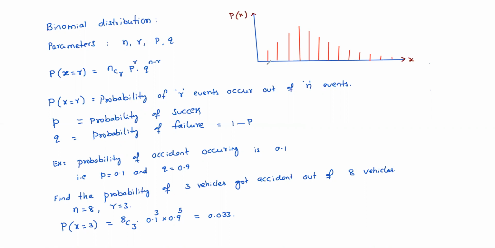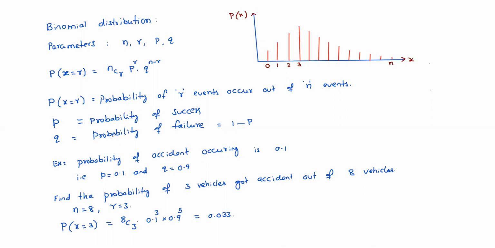So maybe 0, 1, 2, 3, and so on, maybe n finally, okay? So like this. Here in our case, actually, r, the x value, is taken as 3, x equal to r, that is r is 3, n is 8. So p, small p and small q, are the probability of success and probability of failure, okay?